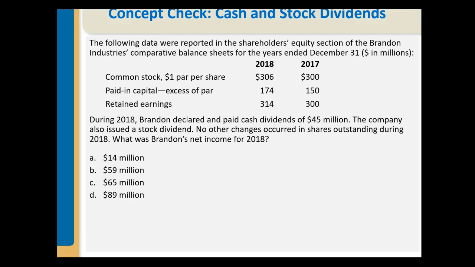During 2018, Brandon declared and paid cash dividends of $45 million. The company also issued a stock dividend. No other changes occurred in shares outstanding during 2018. What was Brandon's net income for 2018?